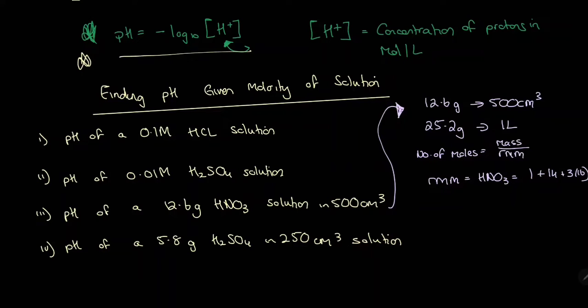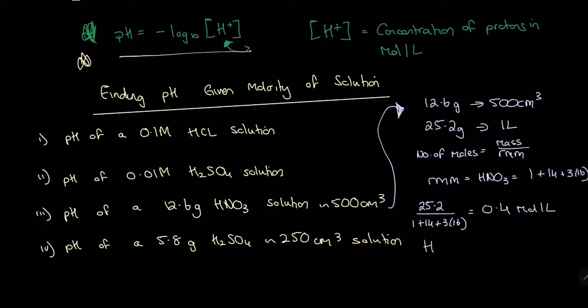So we're going to put the mass, 25.2 of what we actually have, over the relative molecular mass, and that will give us the moles per litre, which is 0.4 moles per litre.